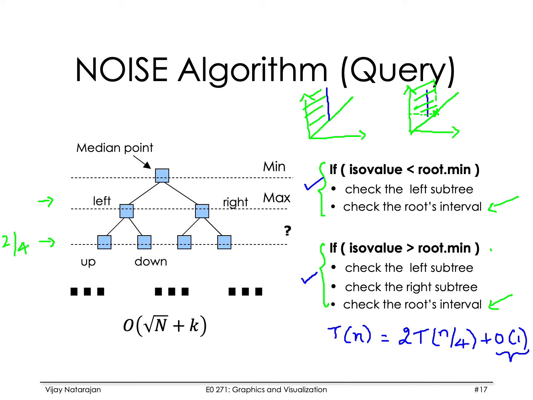and if you look at it carefully, you will be able to show that out of the 4 children, one level down, you will have to recursively look at 2 of the subtrees.